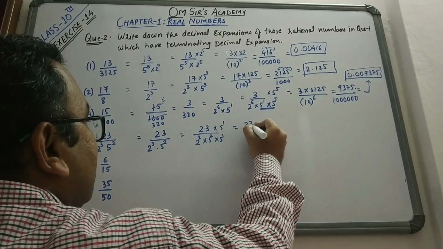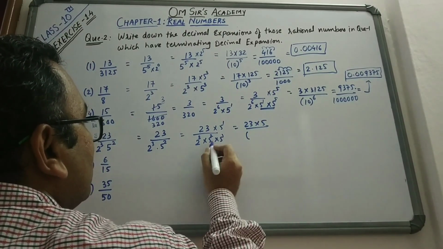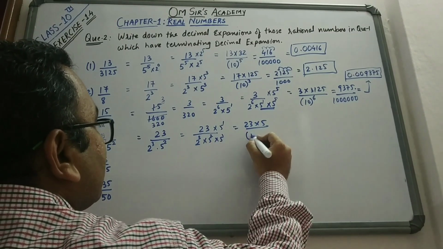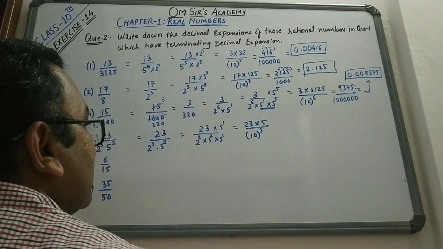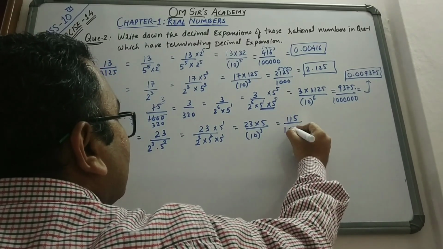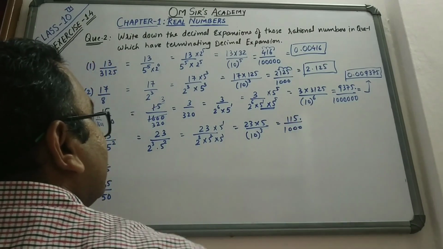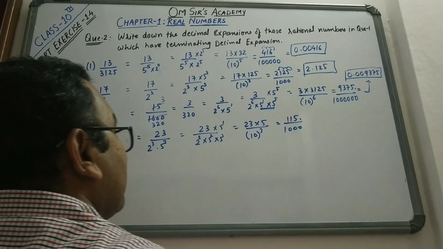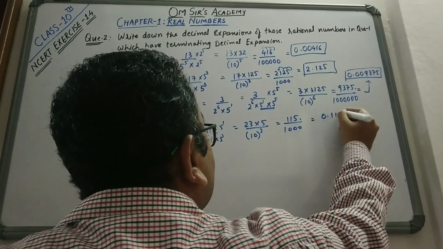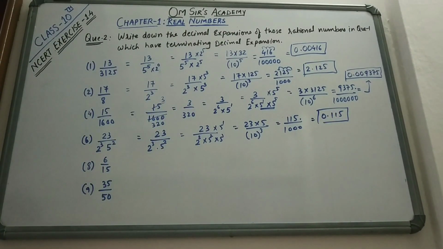So it is 23 into 5 upon this will now balance. So it will be 2 into 5 whole raised to 3, that is 10 raised to 3. So 23 into 5 is what? 115 upon 1000. So from last I have to shift the point 3 digits forward. So it will be 0.115. This will be your terminating decimal expansion.